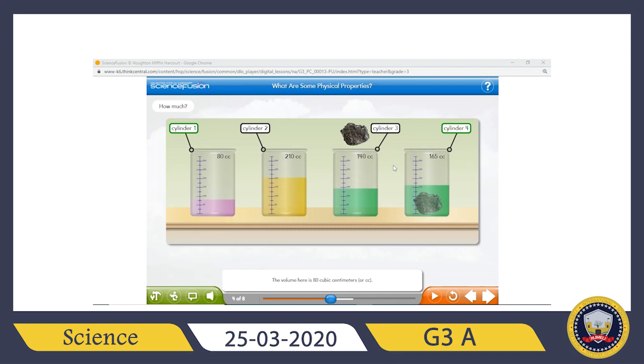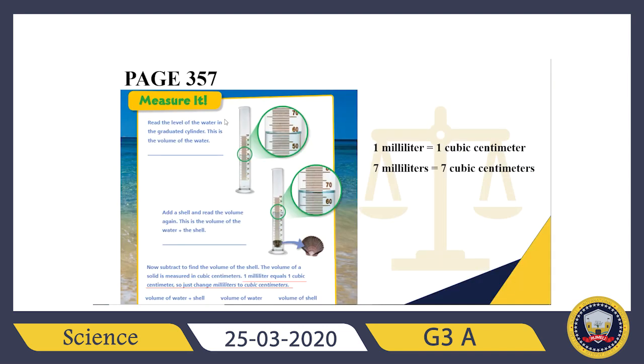To find the volume of an object with rectangular or square sides, you could just measure the object's length, width and height. We already did it before. Okay, now let's measure the volume of a liquid and then the volume of a solid shell.